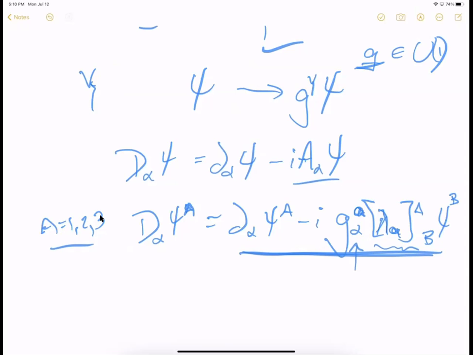So this derivative will be covariant with respect to SU3 transformations. I can apply an SU3 transformation to that psi A, and this derivative will still give me the right thing. That can be any local SU3 transformation.